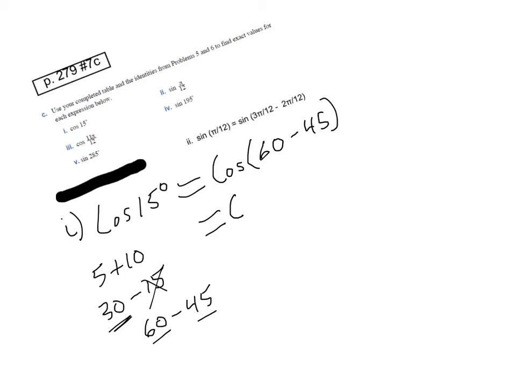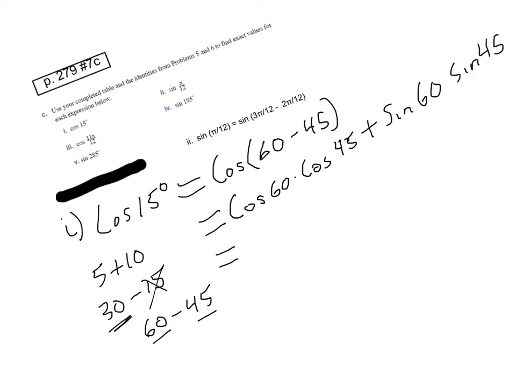So if I have the cosine of 60 minus 45, that's the cosine of 60 times the cosine of 45 plus the sine of 60 times the sine of 45. Now go ahead and look on your unit circle. What is the cosine of 60?